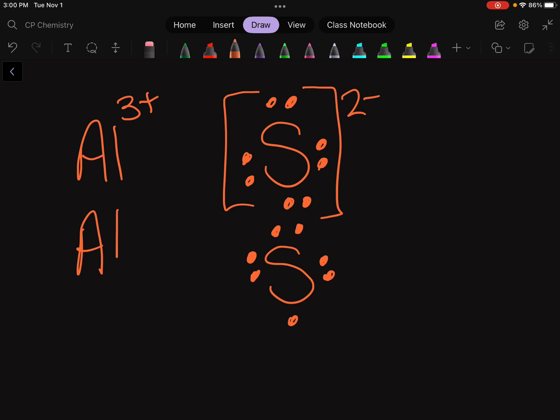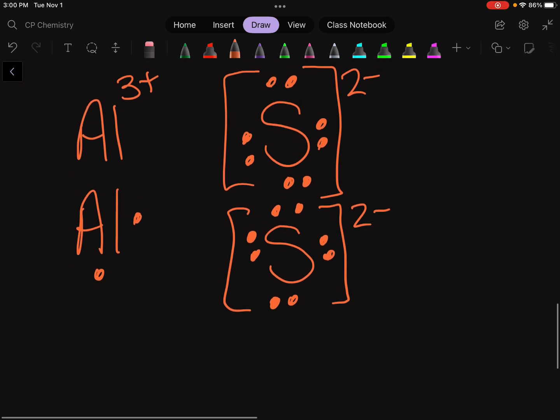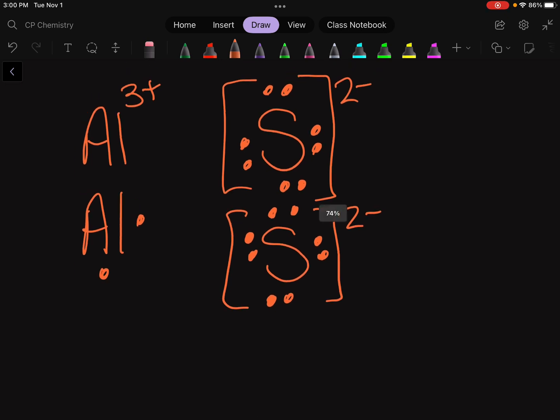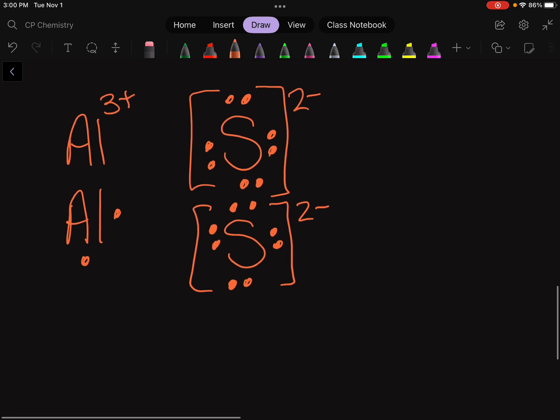So we have to have another aluminum that can give one of its electrons to this sulfur. Okay, now this sulfur is satisfied with its octet and it becomes a -2. But we still have aluminum with its 2 electrons it wants to get rid of.